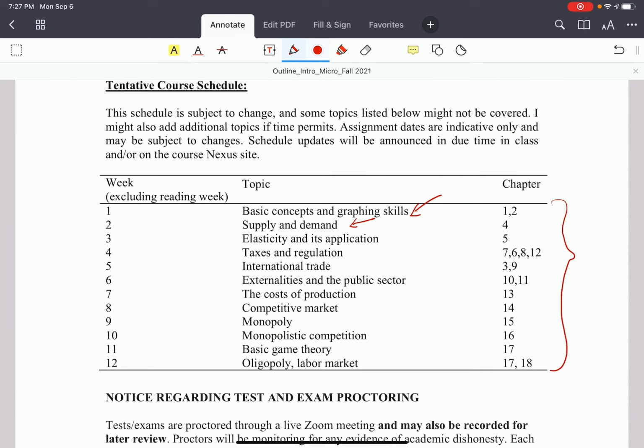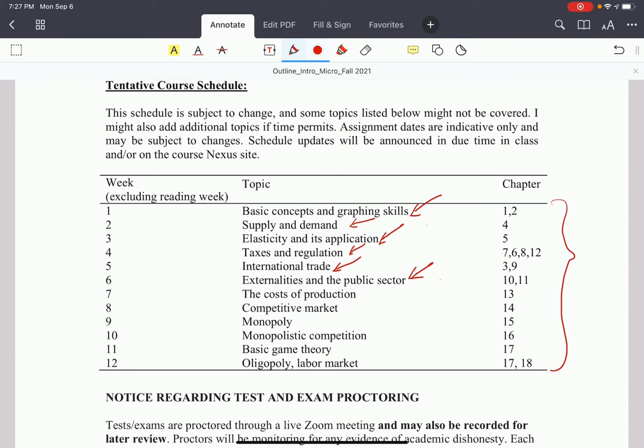And then based on our understanding of market equilibrium, we will talk about some applications, such as we will introduce elasticity, and we will use this notion of elasticity to talk about interesting applications. And then we will talk about taxes and its regulation. Then we will talk about international trade and externalities.